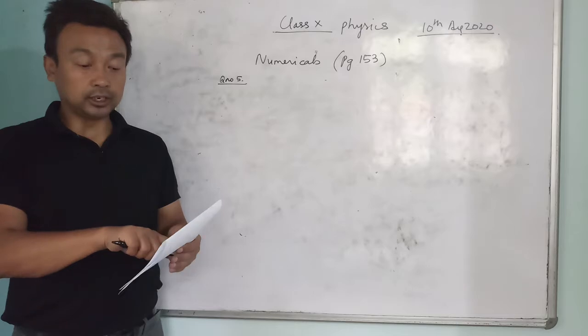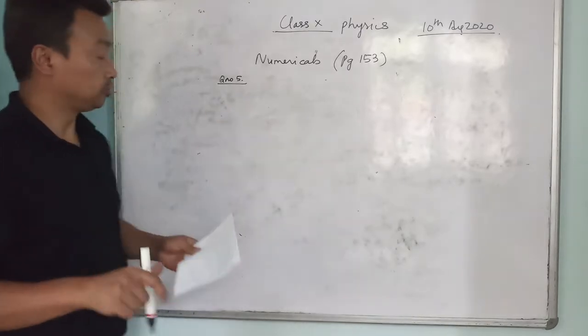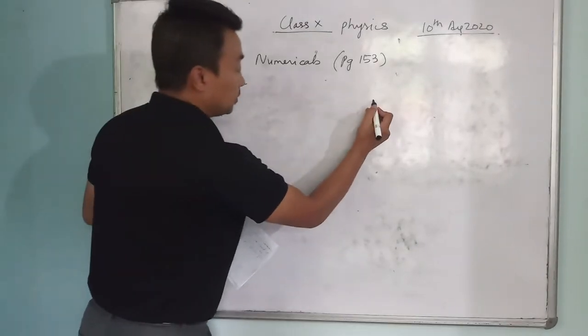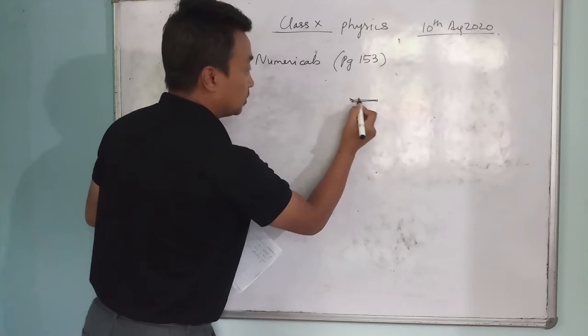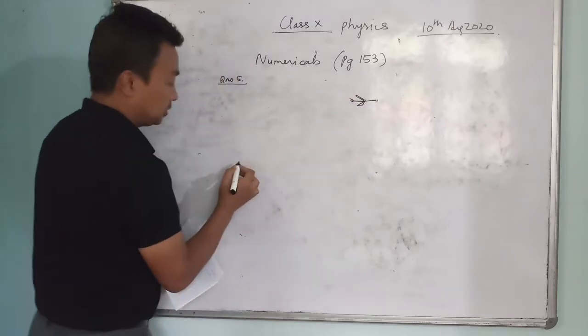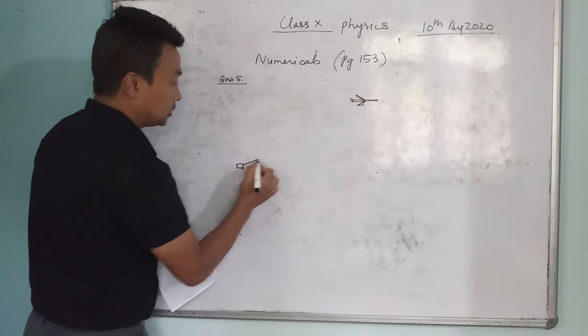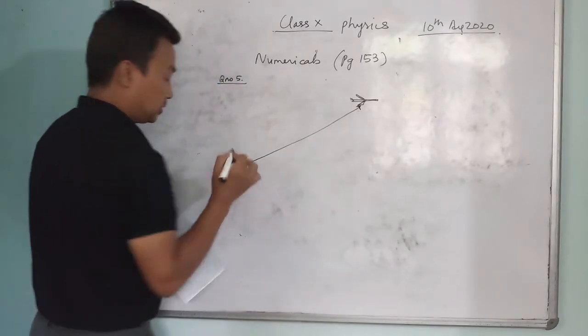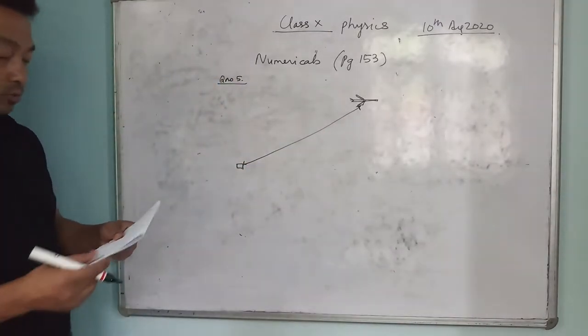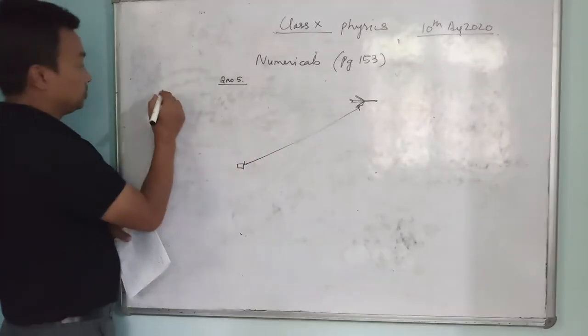A radar sends a signal to an aeroplane. So let us say we have this aeroplane here, and from the ground there is a signal sent here. So what is the distance?